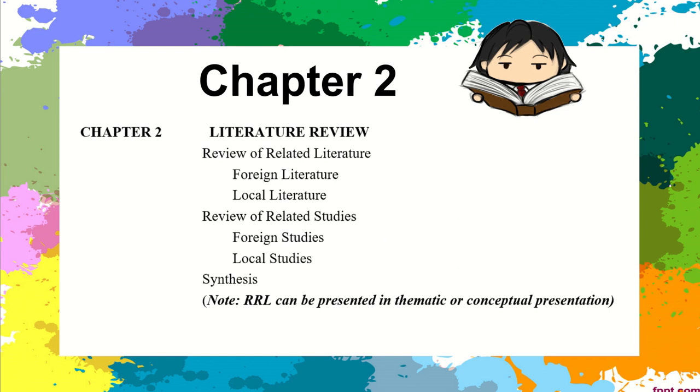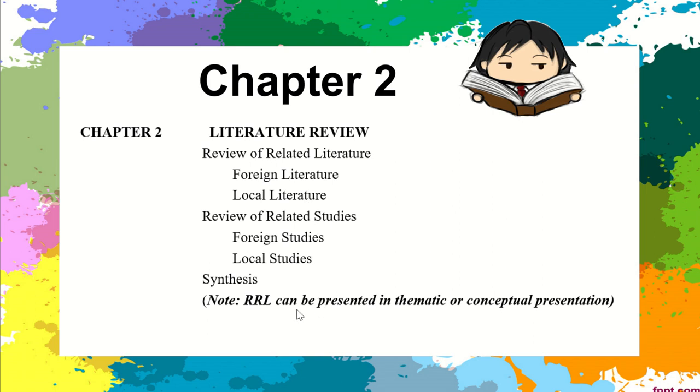The findings from the previous studies define the approach that the researcher took in measuring the variables. Again, you separate the foreign from the local studies. After you accomplish the related literature and related studies, provide a synthesis or a summary at the end of chapter 2 about the related literature and studies indicated in your paper.